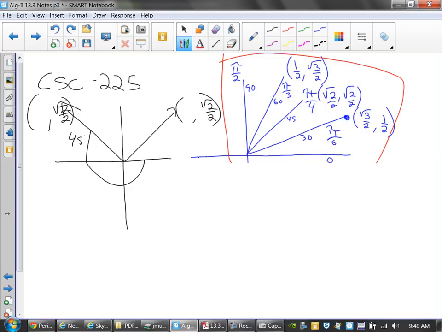But since it's a cosecant, I have to flip it. So it's √2. All I did was flip it and rationalize. I always look at my cosine and sine values. If I'm working with an inverse trig function, I write it out like I would with its parents, if you will. And then from that moment, I re-rationalize it to get my result.